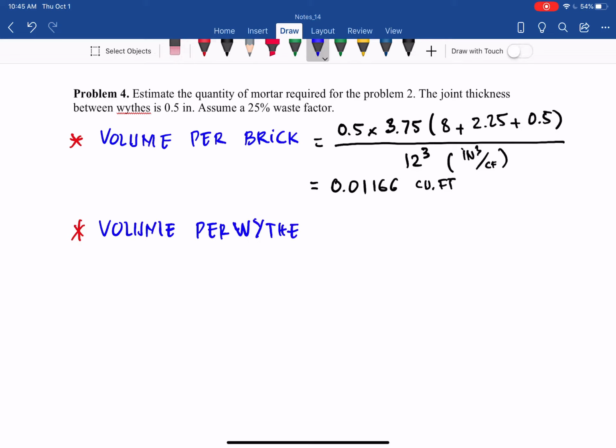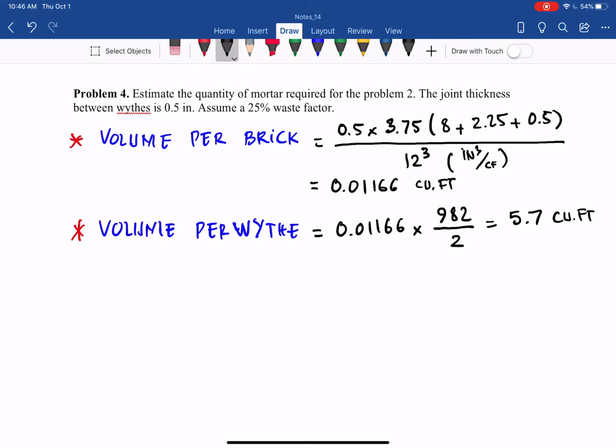For one width, we need the mortar 0.01166 cubic feet times 982 bricks divided by 2, because we have per width. From that, we have 5.7 cubic feet.